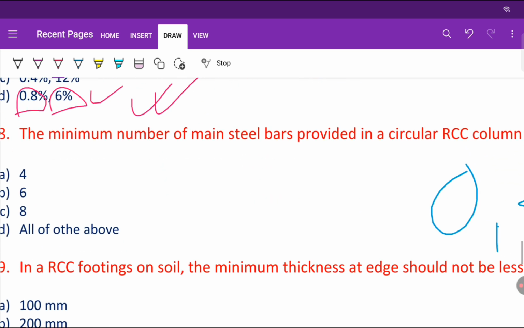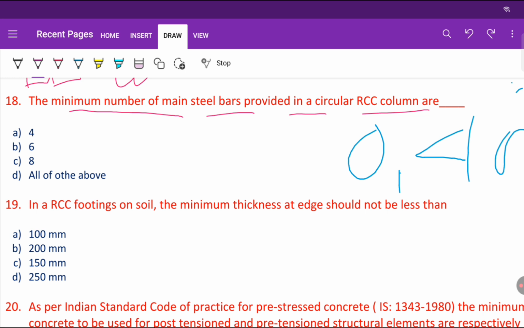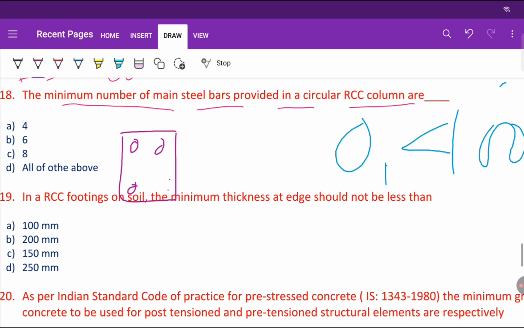The next question is the minimum number of main steel bars to be provided in a circular RCC column. For a rectangular column we have to give minimum 4 bars, right?